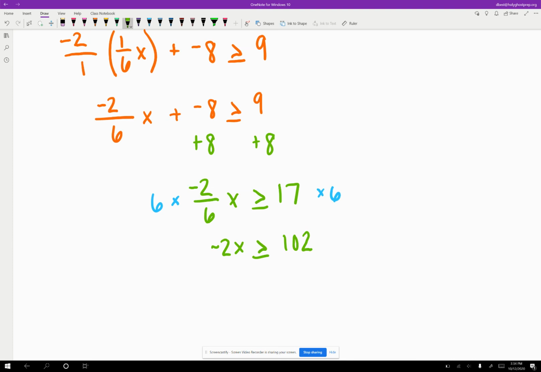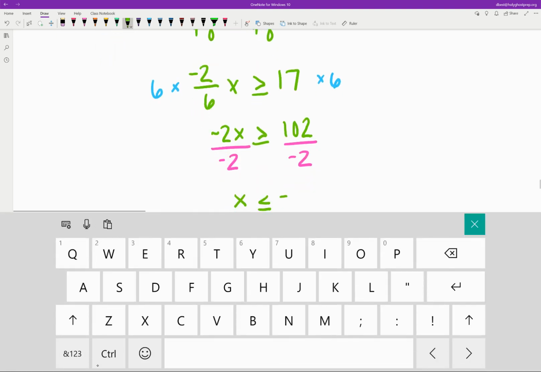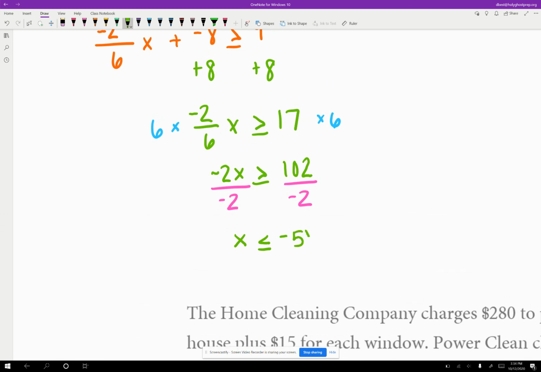And this is where the flip comes in. Get ready, because we're going to divide everything by negative 2. So your flashing red lights are going off. You're saying, we got to flip the sign because I'm dividing by a negative number. So now we've got x is less than or equal to, and when we do 102 divided by a negative number, right, we get a negative back. So this is negative 51.